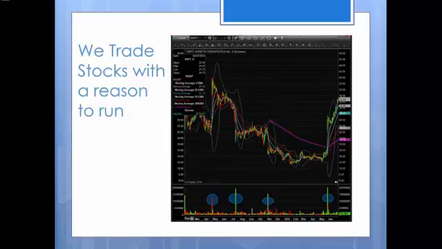Gapping up or gapping down on FDA approvals, news, earnings. Those were catalysts. Okay, that's the type of stock that we're going to trade. So we're not going to trade this stock every single day of the year. We'll trade it those 4 or 5 days of the year or in a 2-year period when it's in play. And the rest of the time, this stock is of no interest to us.